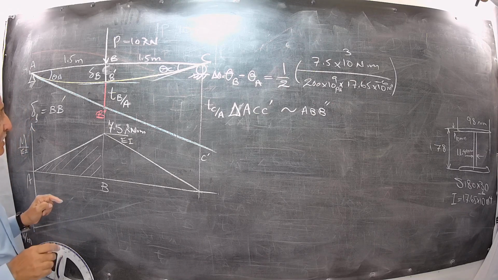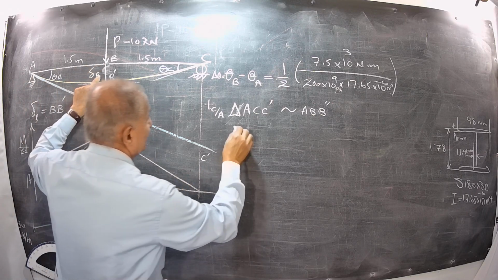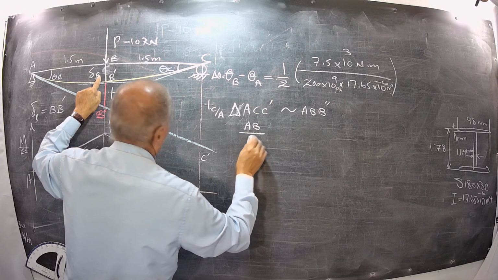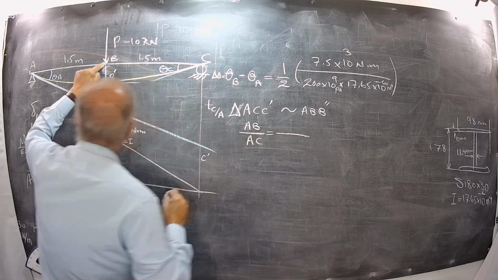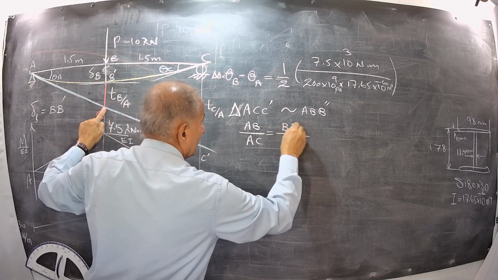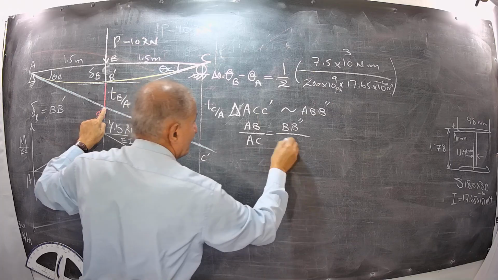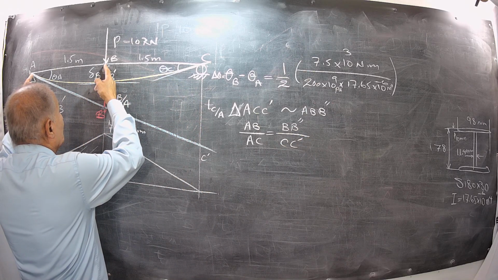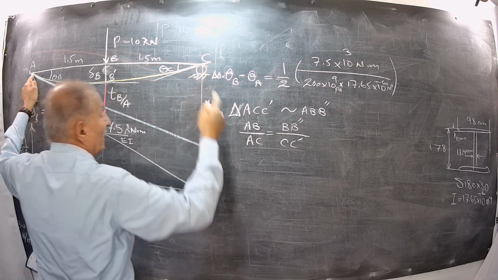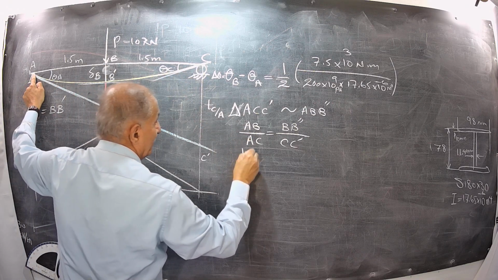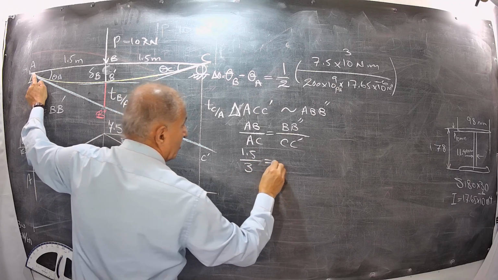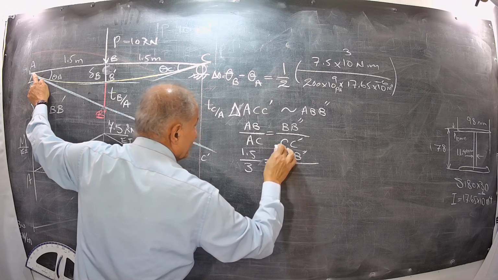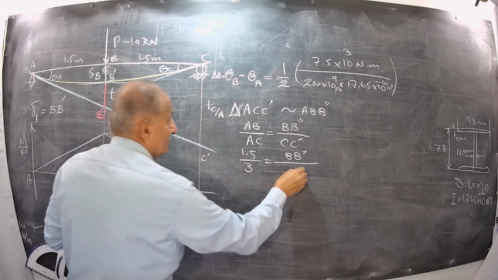Write the ratio of similarity: AB over AC, small triangle over larger triangle, equals BB'' divided by CC'. AB is half of the beam, AC is the total length, so it is 1.5 divided by 3, equals BB'' over CC'. CC' is TCA.